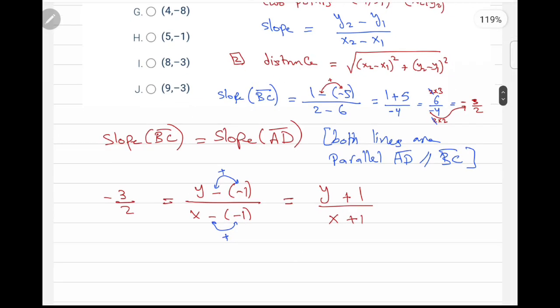So in this case we have minus 3 over 2 equal to y plus 1 divided by x plus 1.